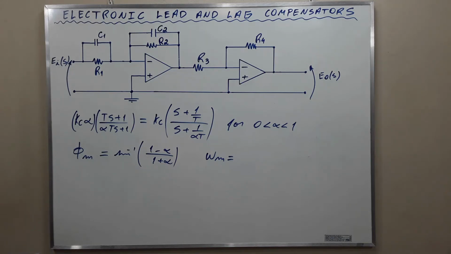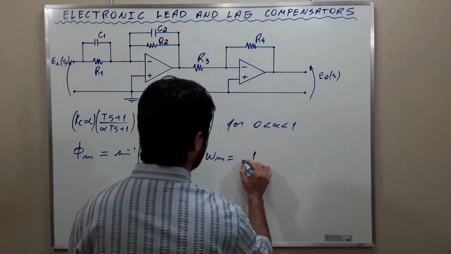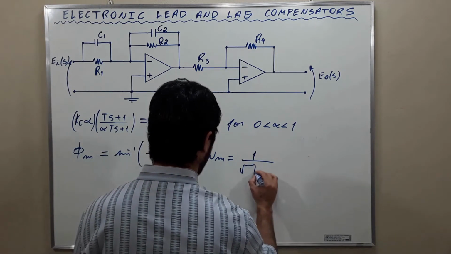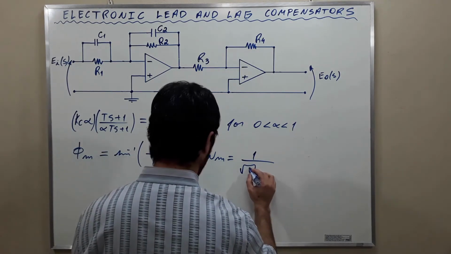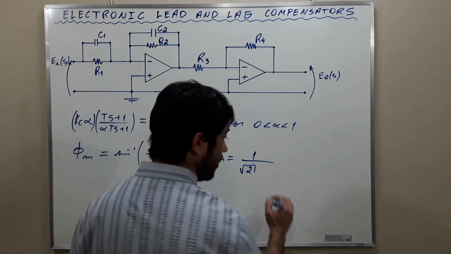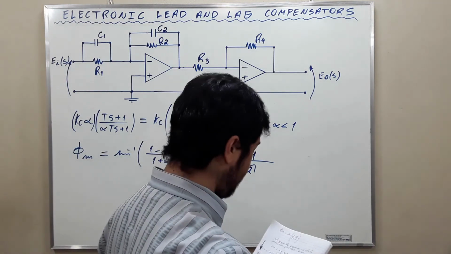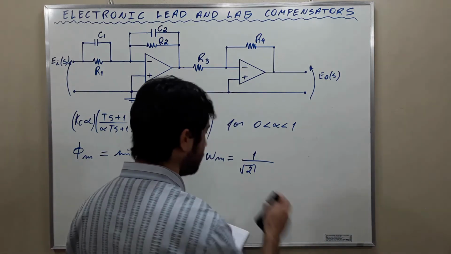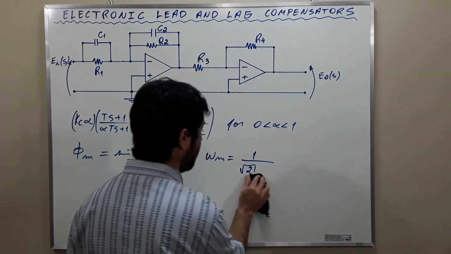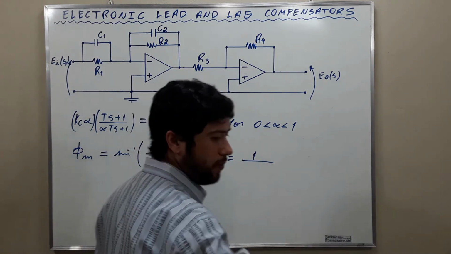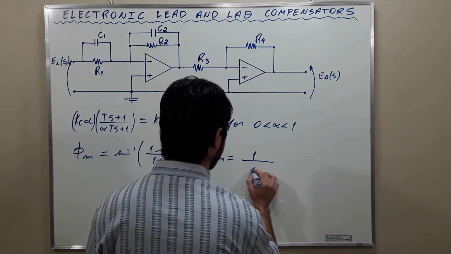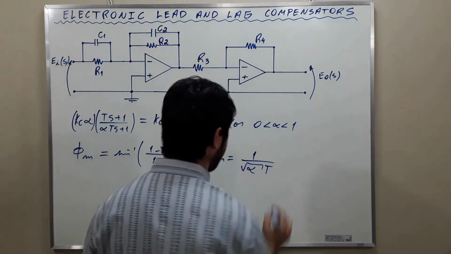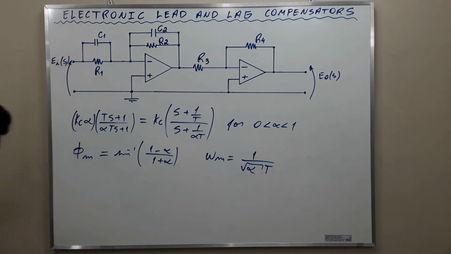And the frequency at which this occurs is 1 over the square root of alpha times T. Okay?